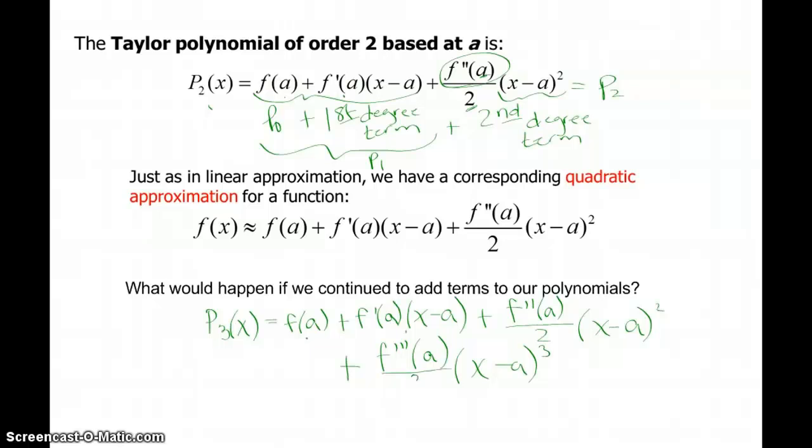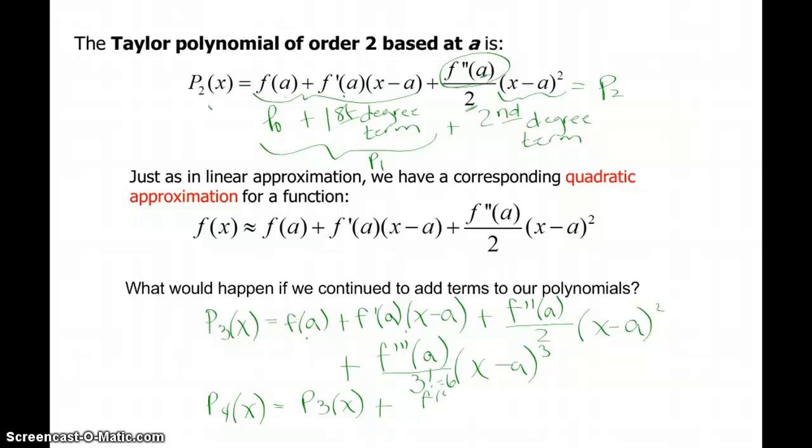Now this is not quite as obvious, and we'll see as we go along here. This is actually going to have 3 factorial, or 6, as a denominator. P sub 4 would be p sub 3, what I have written there, plus the fourth degree term.